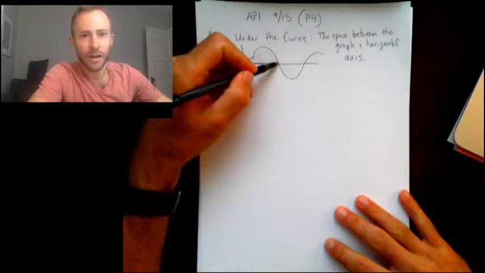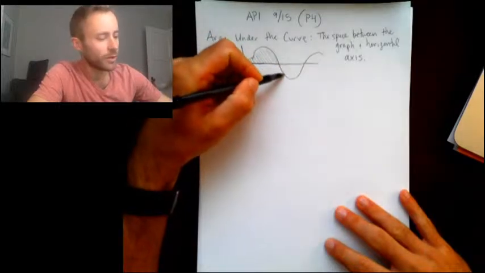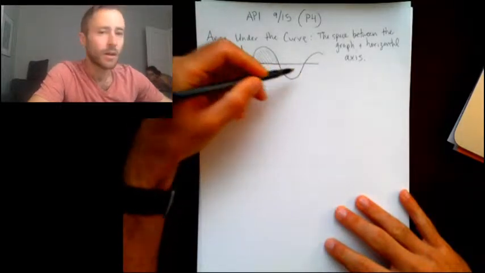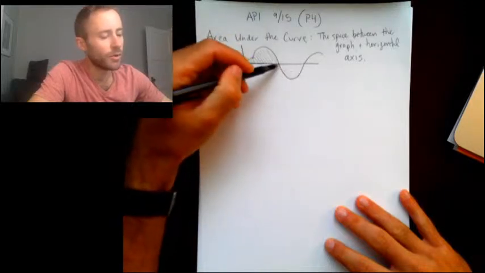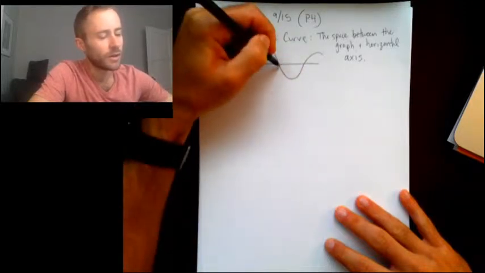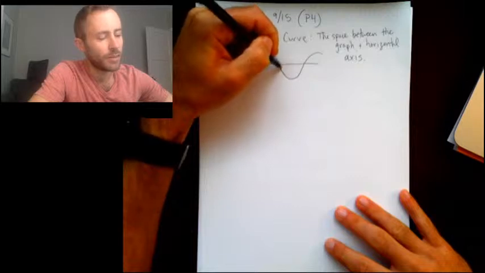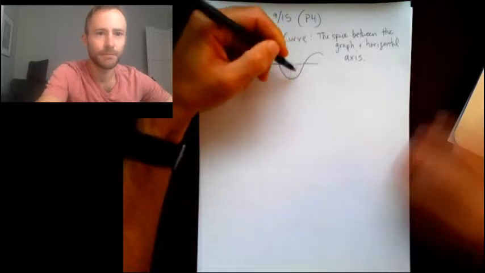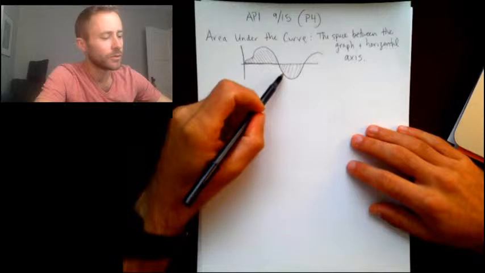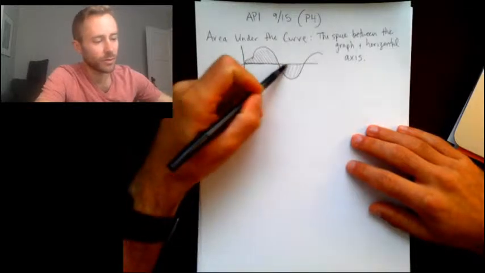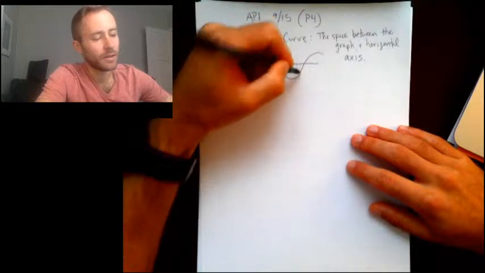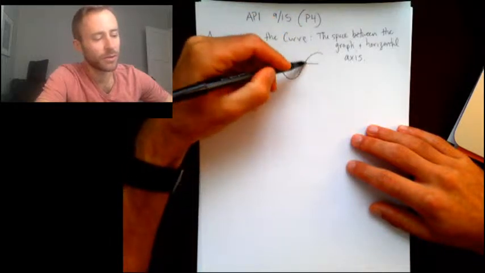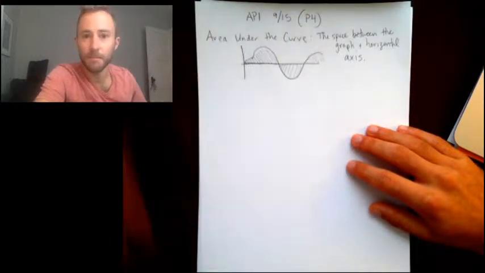Now, when a graph goes below the horizontal axis, like so, you would shade up. Again, here's the horizontal axis, here's the line, we're going to shade up. And then here, the graph goes above the horizontal axis, so we shade down once again.